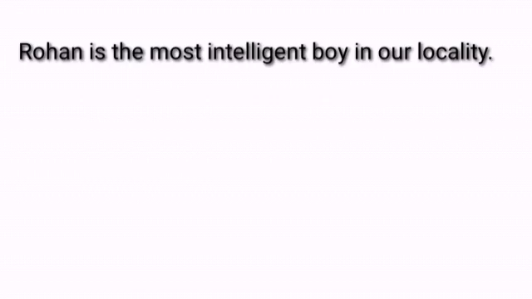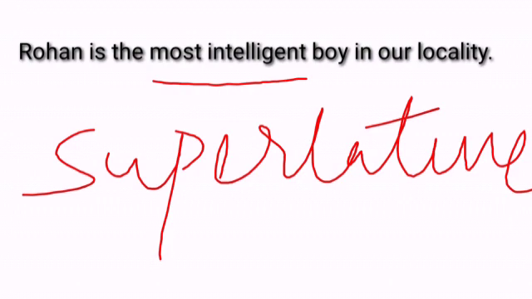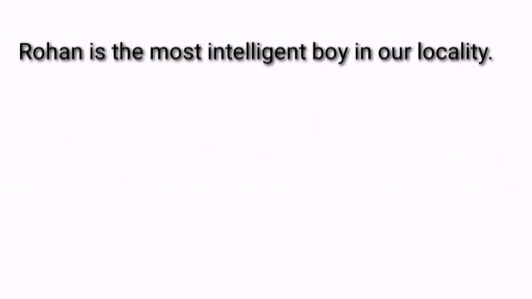We can change the degree of comparison of an adjective in a sentence without changing the meaning of the sentence. For example, Rohan is the most intelligent boy in our locality. Here we see that this sentence is in superlative degree. And we can write the same sentence in two other ways without changing the meaning.